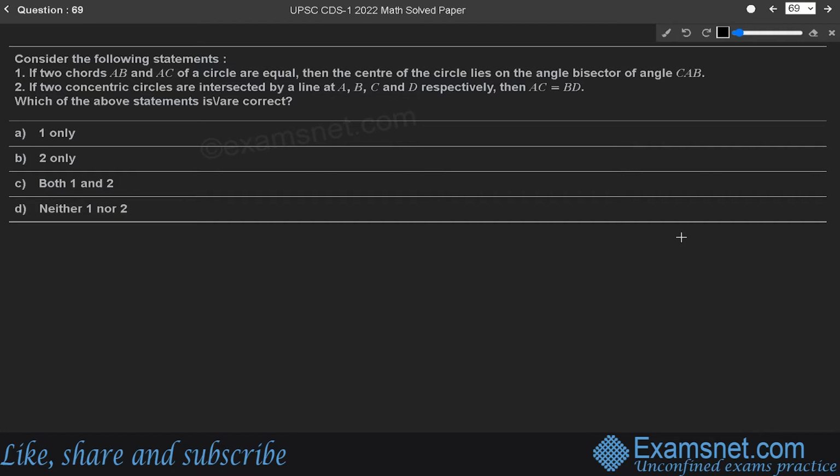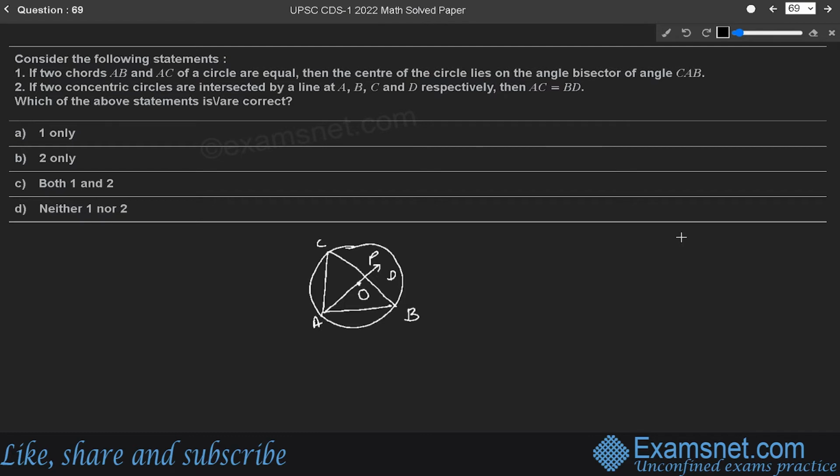So first let us make the diagram for the given question. Let this be the given circle and a triangle is inscribed in it. So let this be the triangle. Now let us name it A, B, C, and this is P, and this point will be O. So this is the given diagram according to the question.